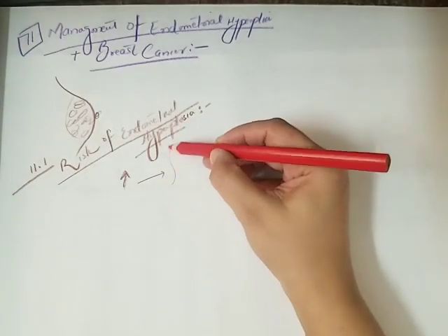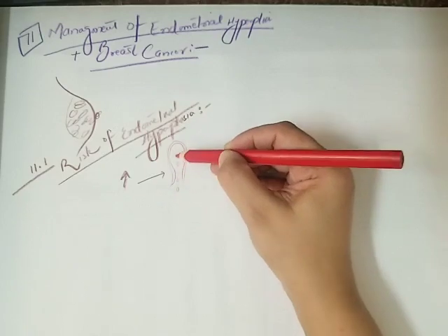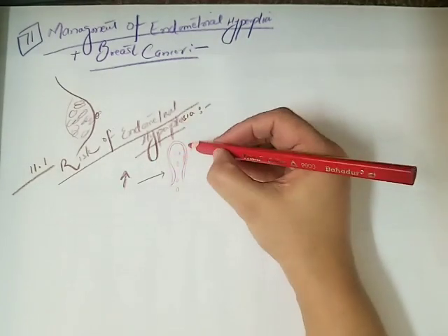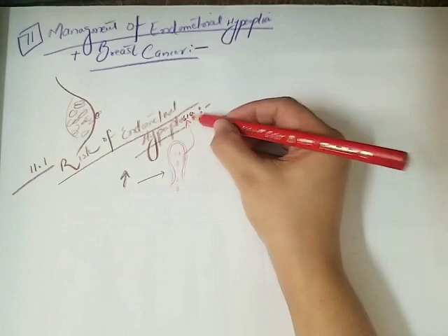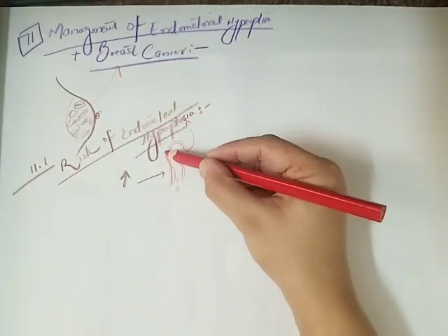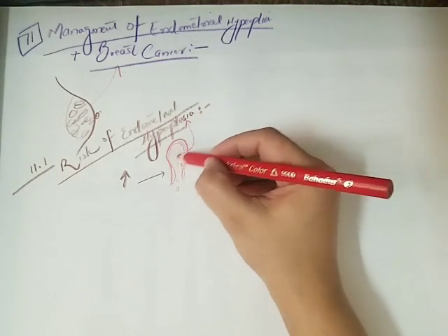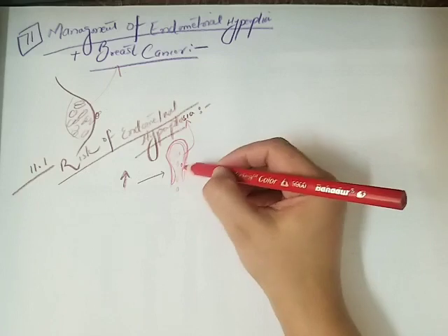The breast cancer patients who are taking treatment for breast cancer are at risk of developing endometrial hyperplasia. So we have to counsel these women that whenever they experience any unscheduled bleeding, they should contact their clinician.